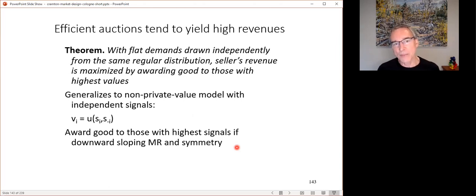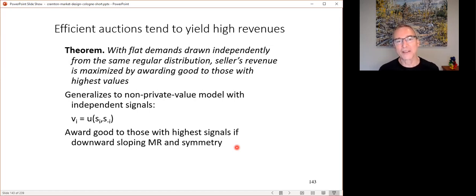So can we say anything more? Well, one thing we can say is the efficient auctions tend to yield high revenues. And when we have flat demands independently drawn from the same regular distribution, the seller's revenue is maximized by awarding goods to those with the highest values. So that's a very nice result.